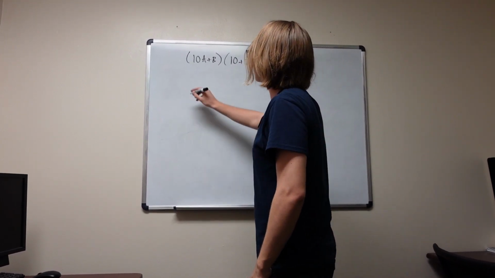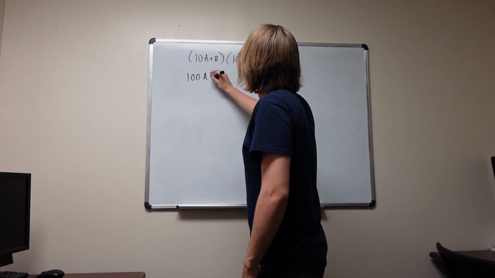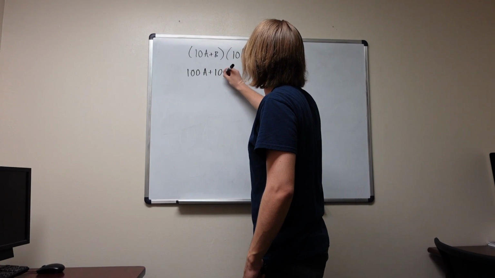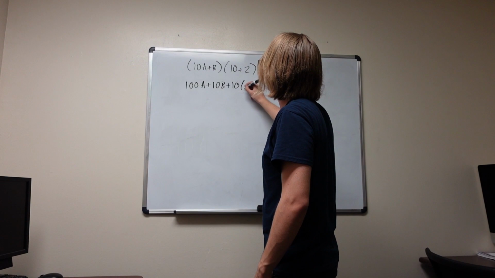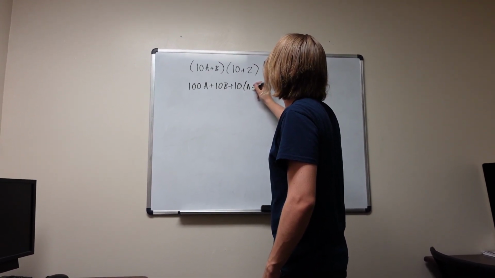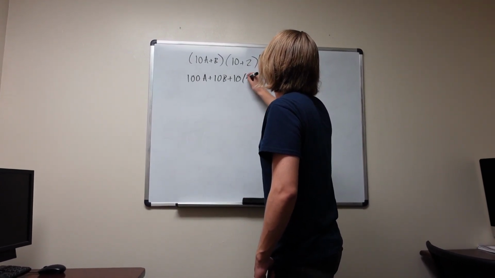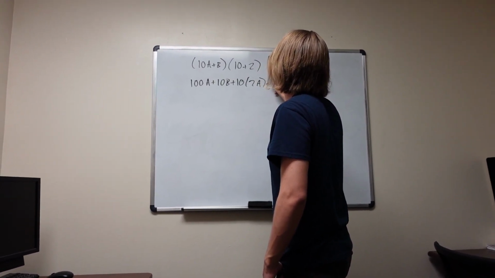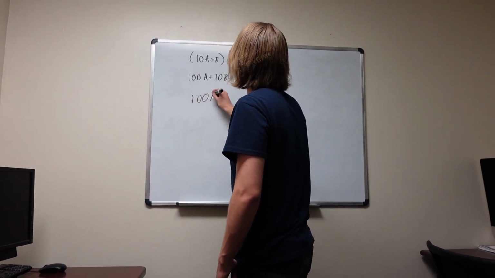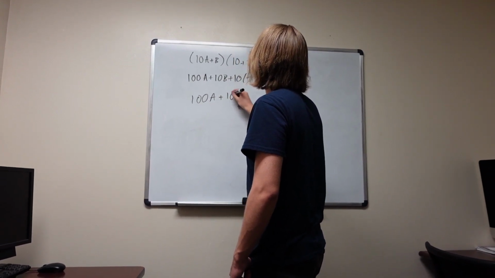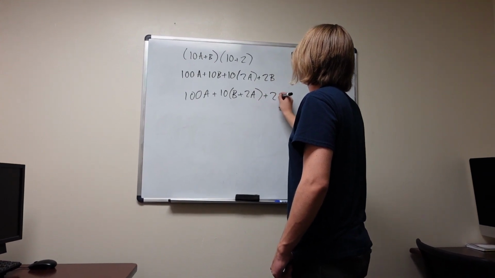If we do that, we get 100A plus 10B plus 10 times 2A plus 2B. So if we condense it, we get 100A plus 10 times (B plus 2A) plus 2B.